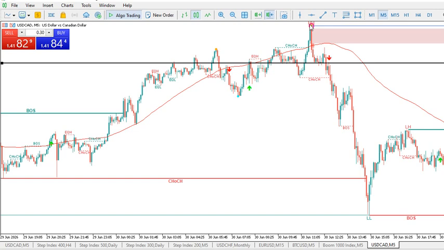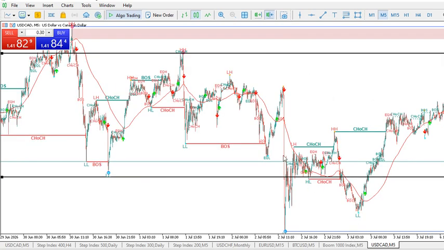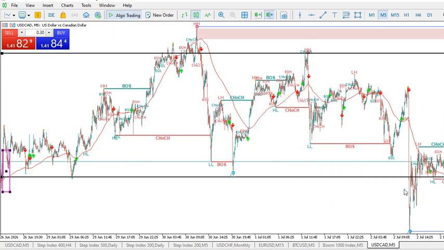That is fine, because we waited again for some time, and then price came back down, gave us a change of character, and then gave us another entry signal right here. Taking the entry signal, a beautiful signal, price came back down and hit our TP.